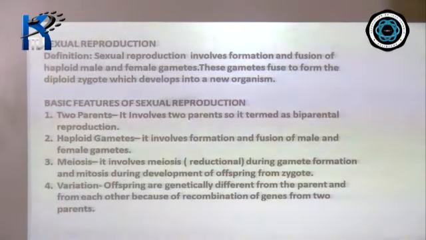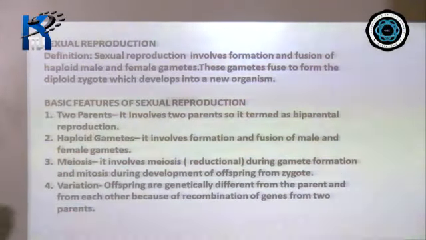The definition: sexual reproduction involves formation and fusion. First of all, formation, that means it has to form reproductive cells, and then fusion of haploid male and female gametes. That means the haploid gamete of male and the haploid gamete of female have to fuse together. These gametes fuse to form the diploid zygote.